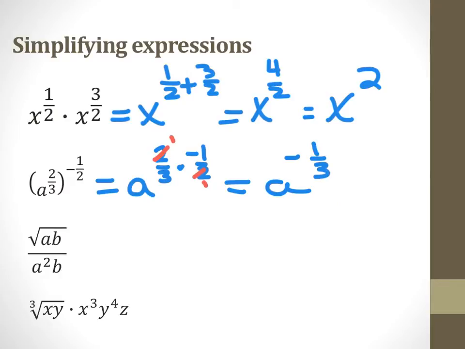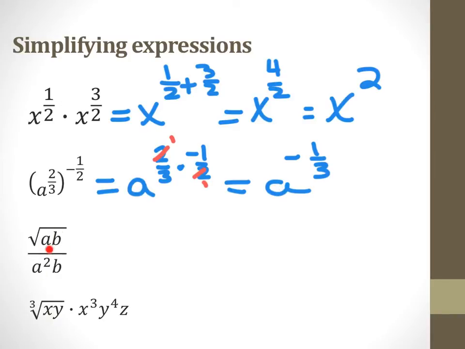Now, tomato, tomato, do you leave it like this? Do you turn it into a radical? Well, it depends on what you're trying to do with it. This has a negative exponent, so that's really 1 over a to the 1/3. 1/3 is a cube root, so this is really 1 over the cube root of a. But typically, we just leave it like this when we're simplifying it.